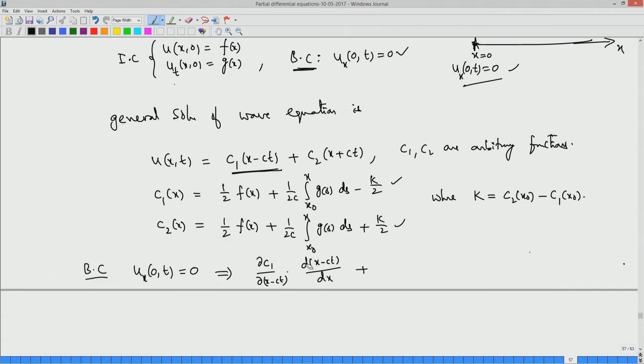All are dou because two functions are involved. This is what is my dou u by dou x. The first term I did, that is what I get. Now you see dou c2 by dou (x plus ct) into dou (x plus ct) divided by dou x, this is plus. Now this whole thing you are putting at x equal to 0.